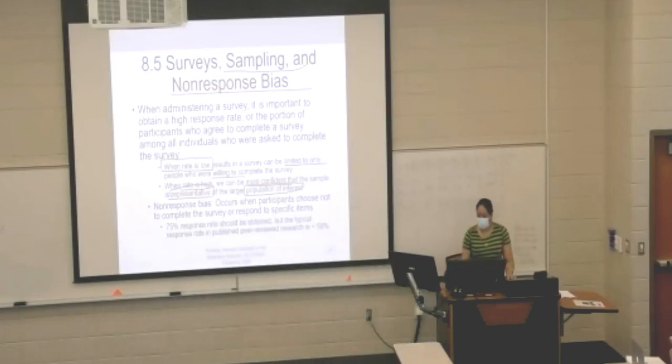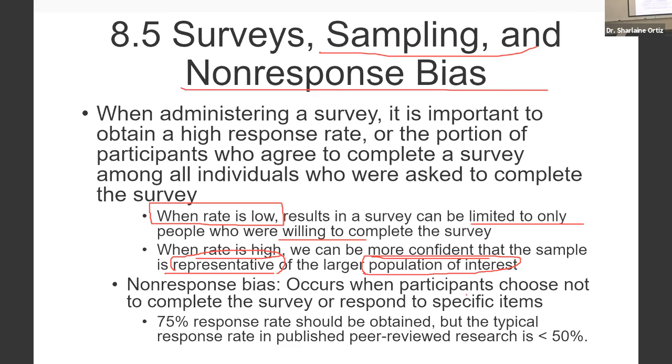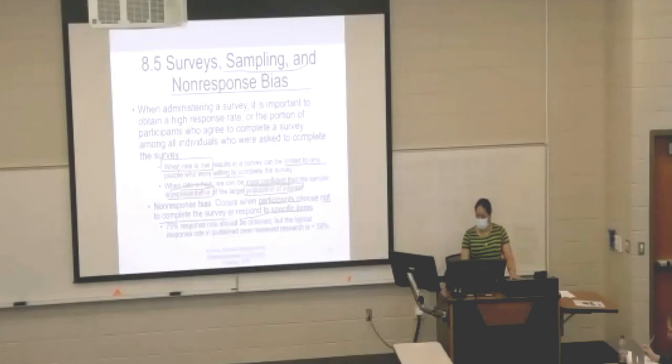Now, what is non-response bias? This happens when the participant chooses not to complete that survey, or while completing the survey, they refuse to answer or respond to a specific item.